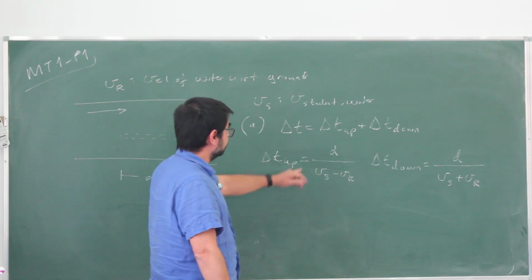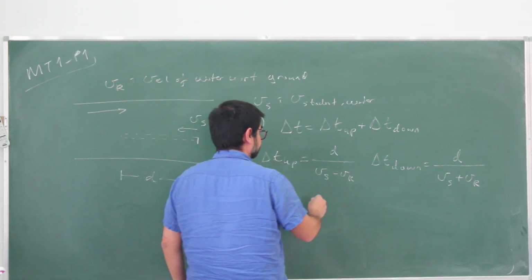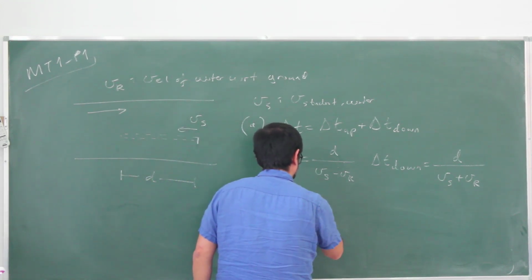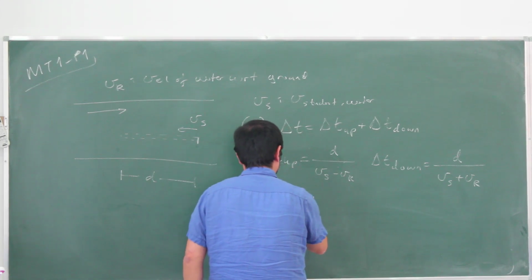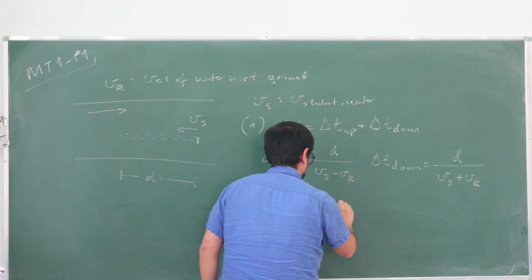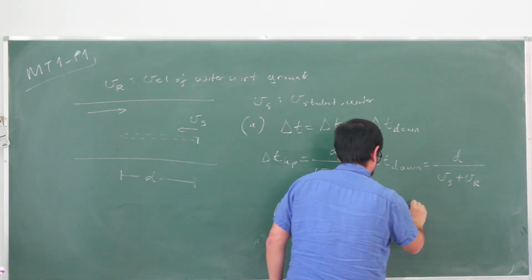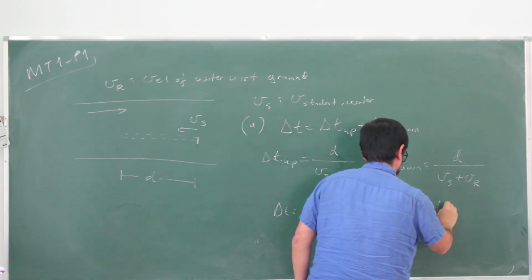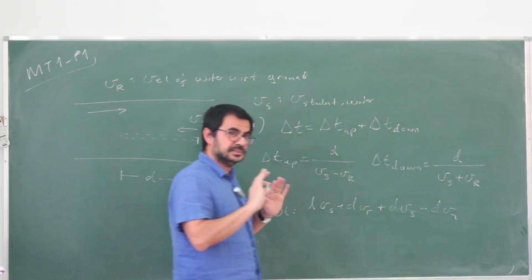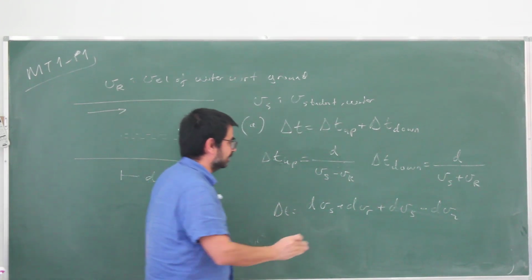When we add these up, d is common, we multiply everything over, so d delta t is going to be dVs plus dVR plus another dVs and minus dVR. And of course this d is distance, it's not the derivative or anything like that.